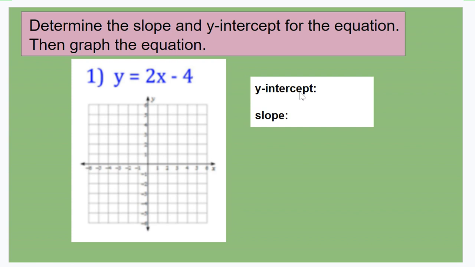The y-intercept is always known as the b in the equation. Remember, our slope-intercept form is y equals mx plus b. Please bear with me, I don't have my tablet today.